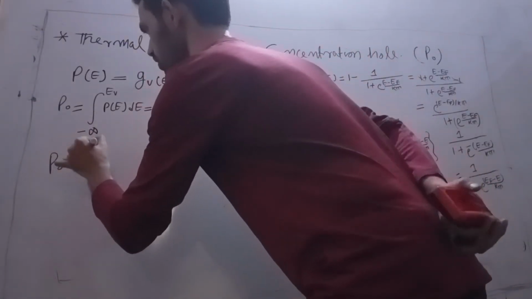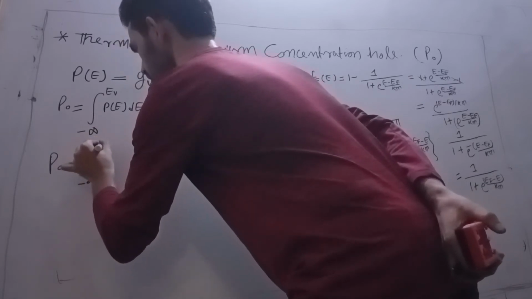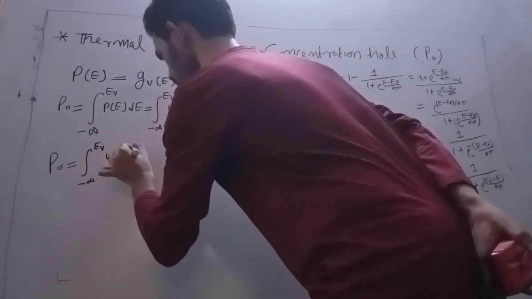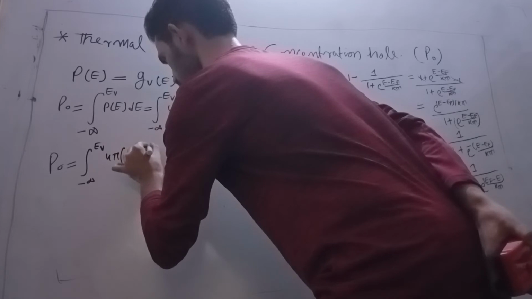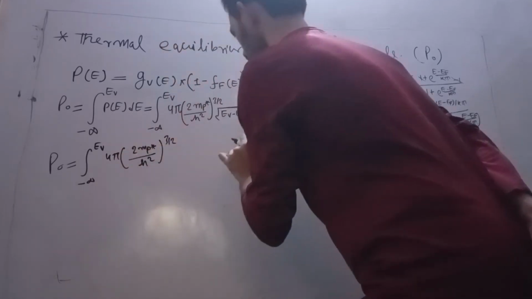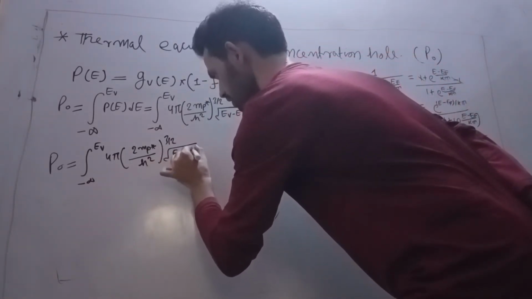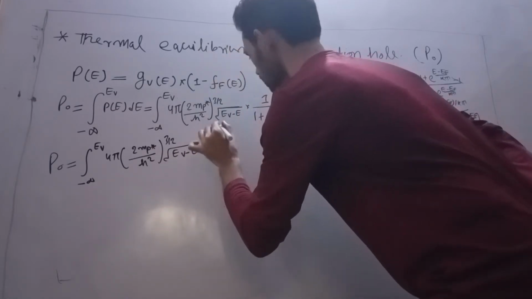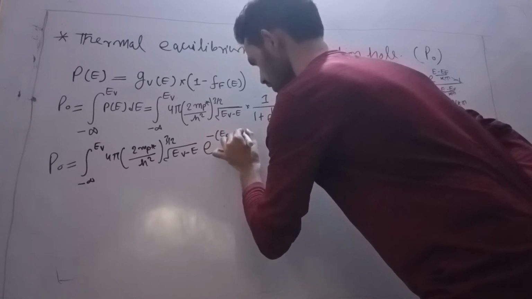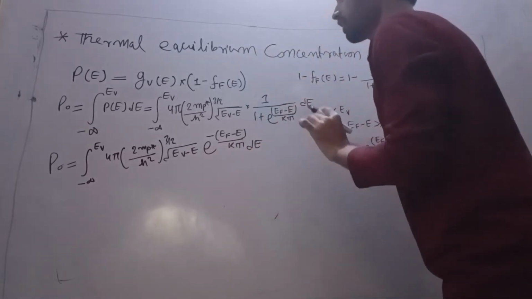Now see here, p naught is equal to the integral from minus infinity to Ev, and just put all these values: 4 pi into (2 mp star divided by h square) to the power 3 by 2, and see here, square root of (Ev minus E) into e to the power minus (Ef minus E) by kT dE.